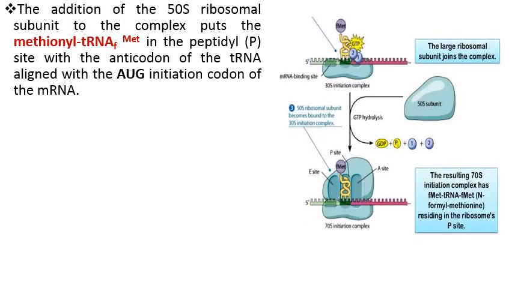The addition of this 50S ribosomal subunit to the complex puts this methionine tRNA, that is formylated methionine tRNA, in the peptidyl site. जो P site है ribosome की larger subunit पे, वहाँ पे जो tRNA है which contains formylated methionine.